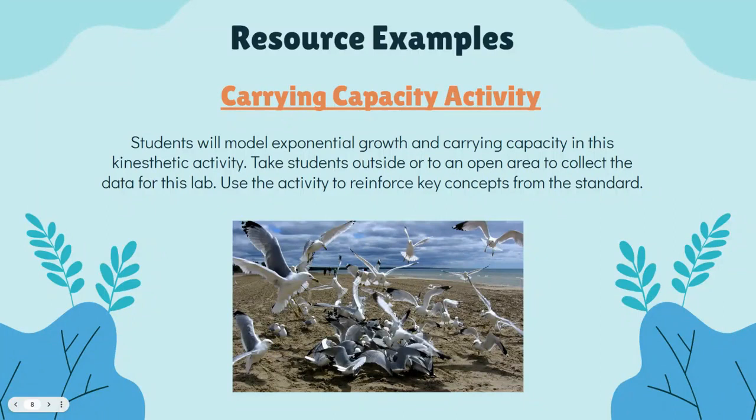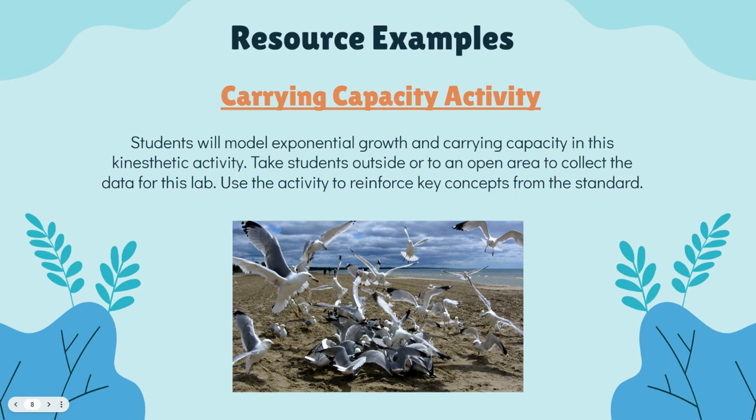The second resource example is a carrying capacity activity. The focus here would be on those mathematical representations in the exponential growth and eventually the max population size as a function of the physical environment. So, this is a great time to take students outside or to an open area like an auditorium lobby or the gym.